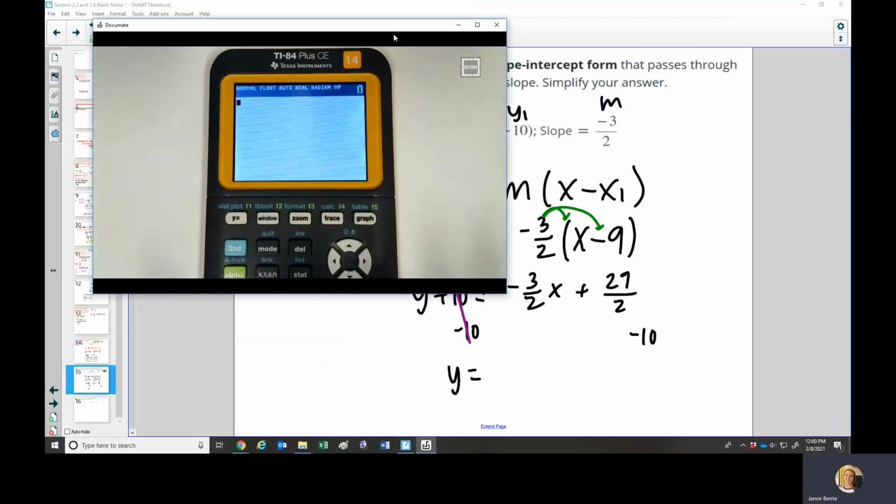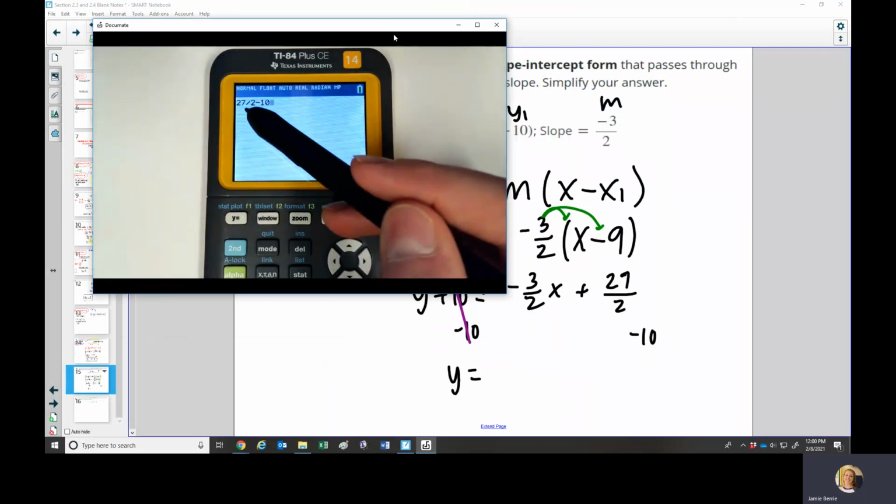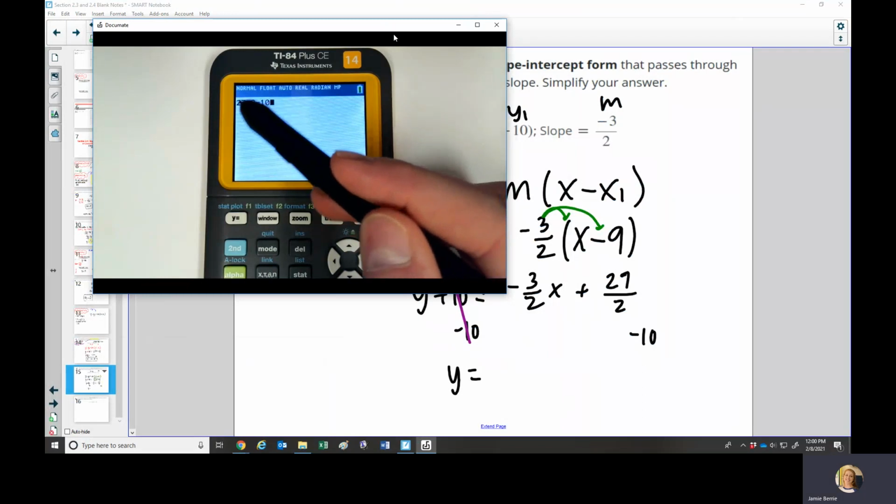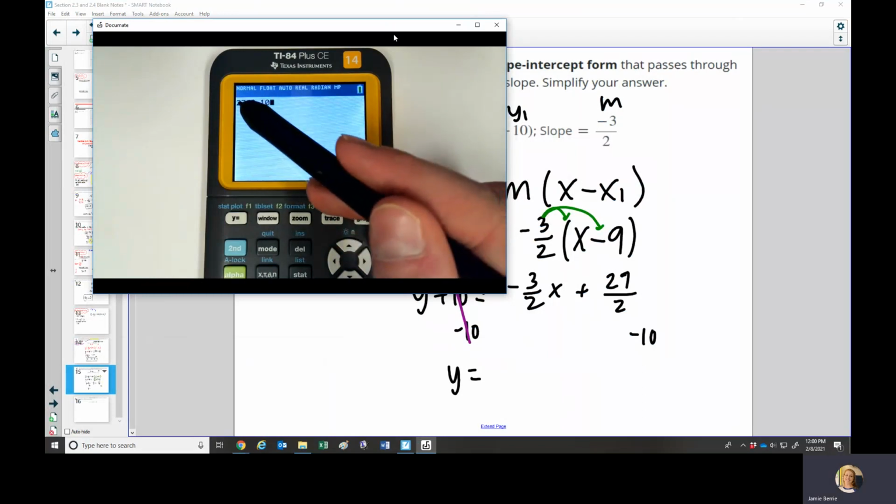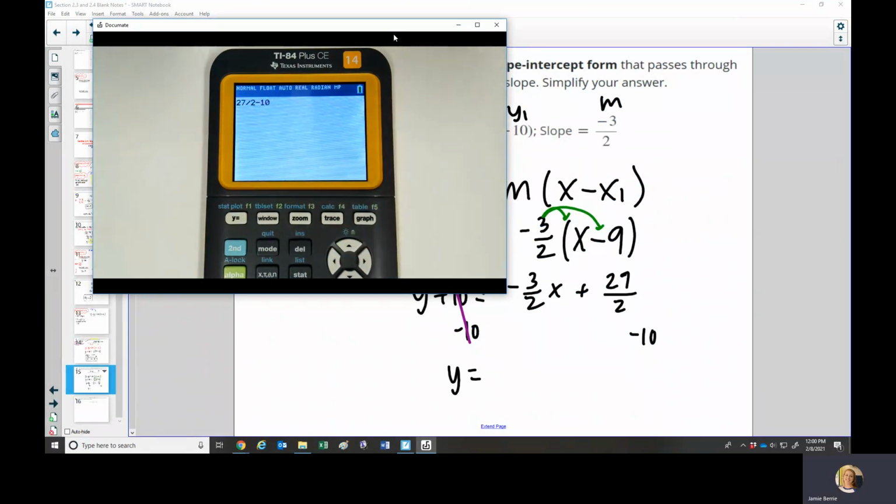There we go. So we have 27/2 minus 10. Notice I didn't put a parenthesis anywhere. Your calculator knows that this is a fraction, so you don't need parentheses around it. It's going to give it to me in a decimal.